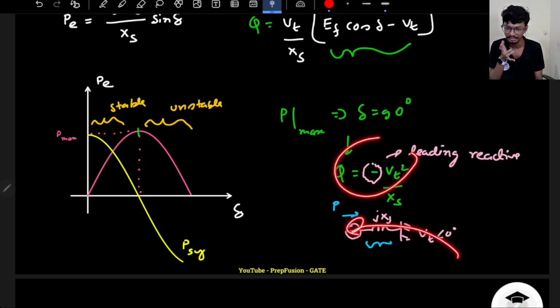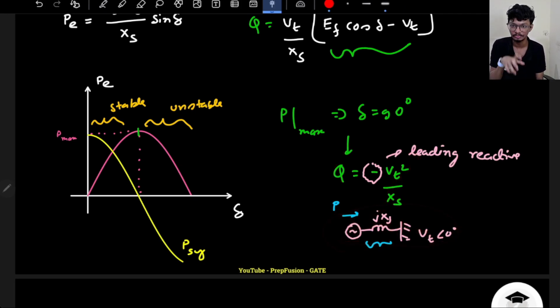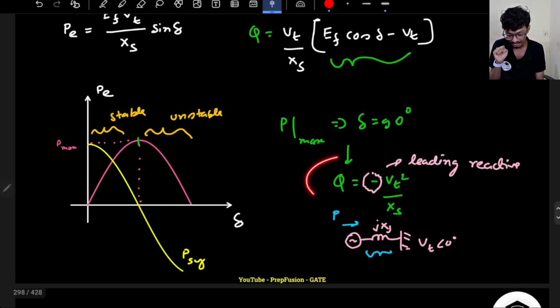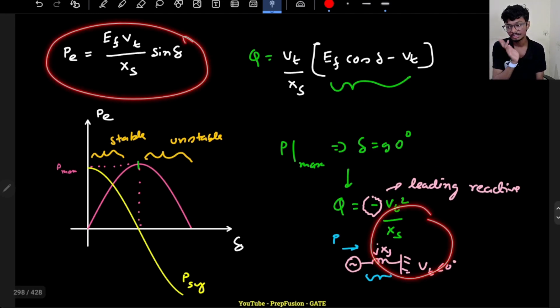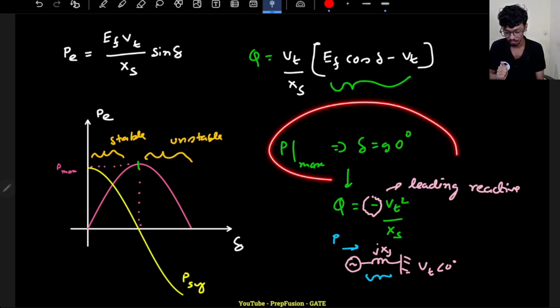That's why reactive power is negative. Basically the load is supplying the reactive power so that it compensates. Because we will see reactive power compensation, there we will see the power factor will improve only if the load is leading. That is a very important conclusion. This can be asked in an MCQ question. They can ask, when the power is maximum, what kind of load shall be connected? It should be a leading load.